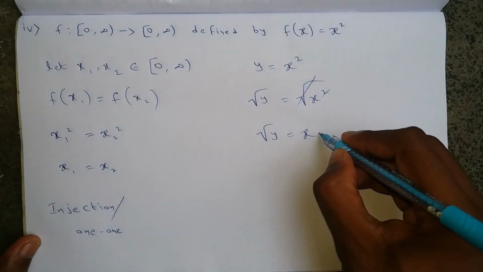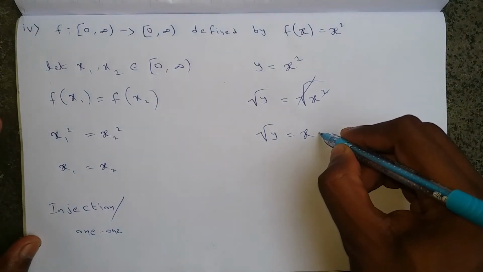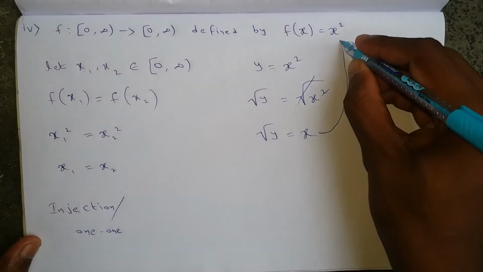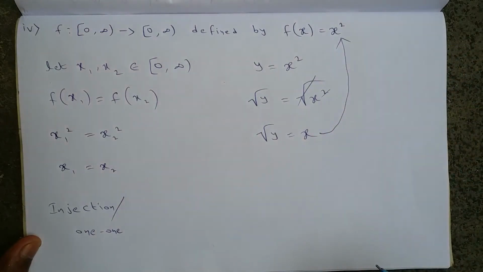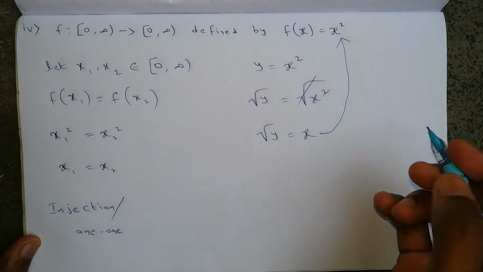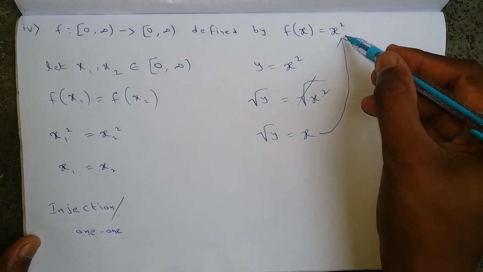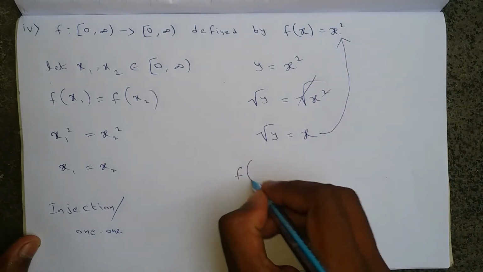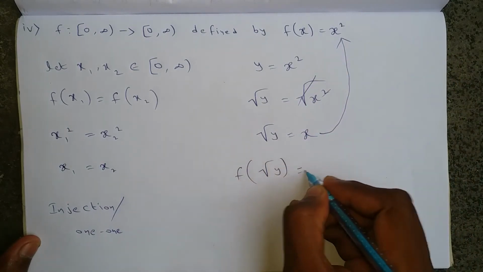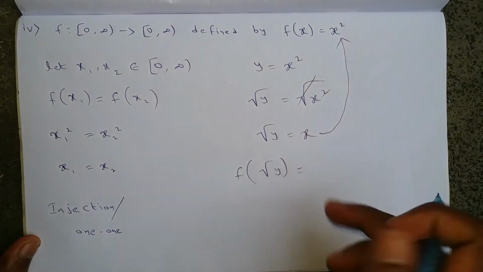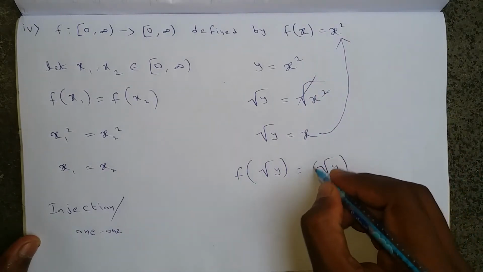Now this x I will substitute in the place of x. So f of root y is equal to root y whole square.